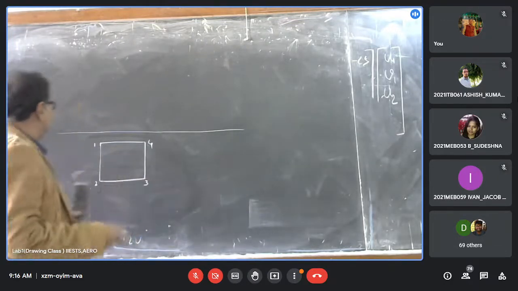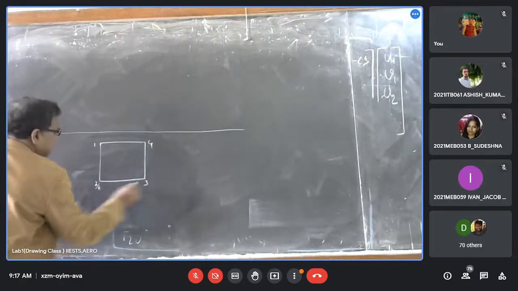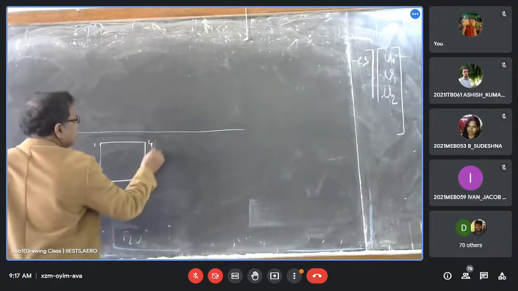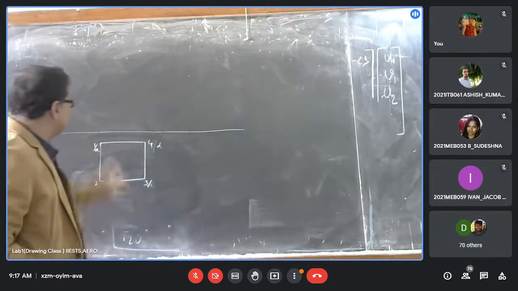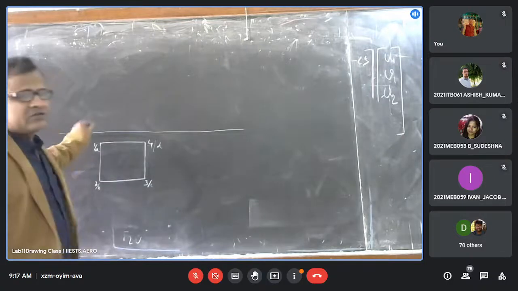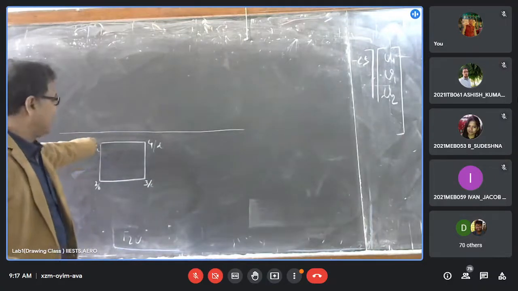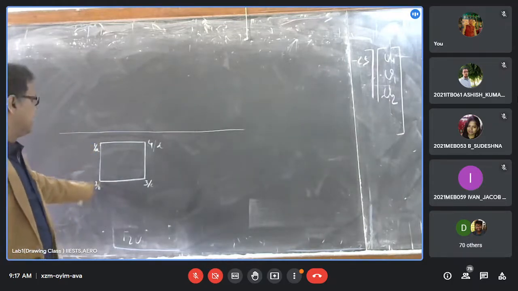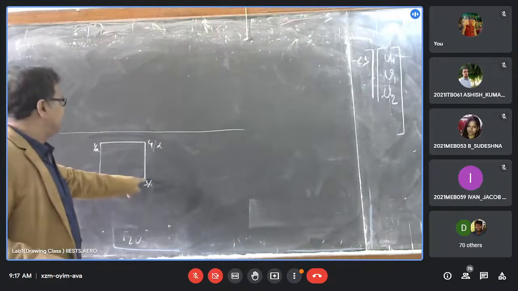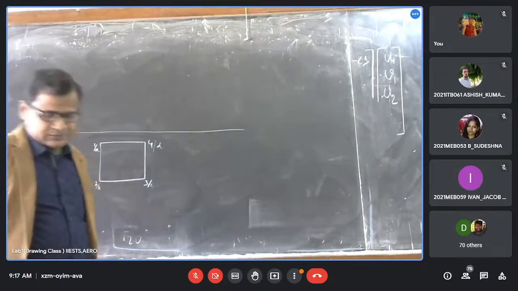So in that case, you will put here B, C, D, and A. 1 is on the top, so we write here 1 by A and bottom A. Then 2 is on the top, so we write here 2 by B, and then 3 by C, and then 4 by D. Any doubt up to this?